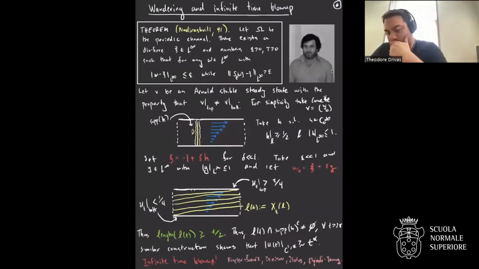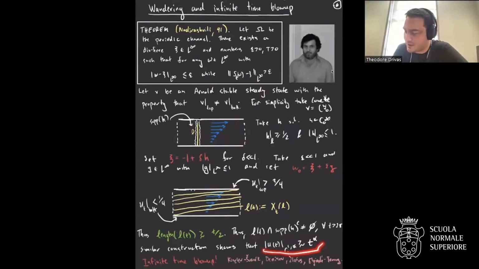So you can promote this example of Nadirashvili to show also that in the C^{1,α} phase space, you can leave it at infinite time, which is kind of obvious because, of course, if you have this line that's spinning around, you have stretching of this tube of compactly supported vorticity. These things are getting very close, and that gives very large gradients. So in fact, what you can show is that the C^{1,α} norm grows like it would for passive shear, t to the α.